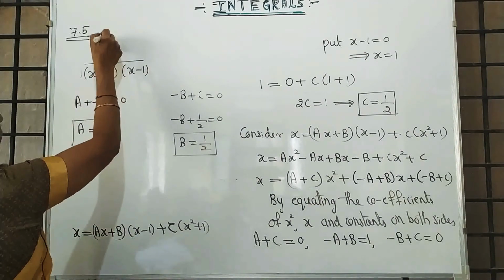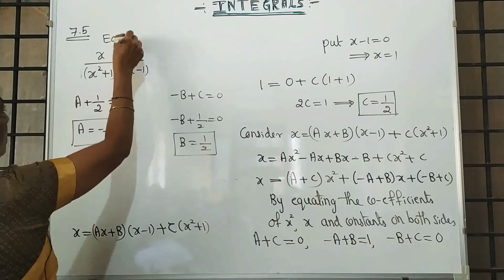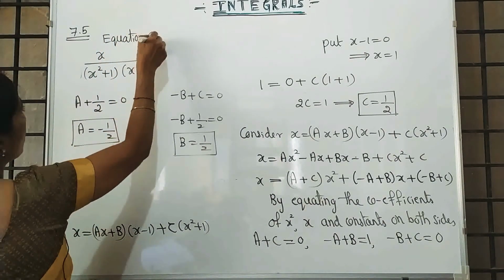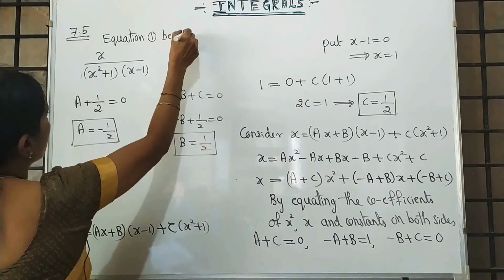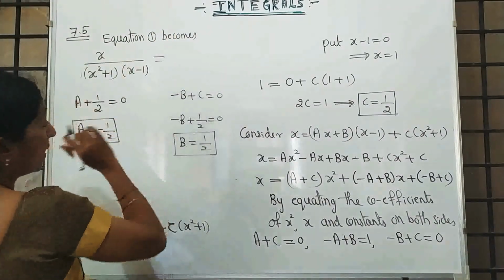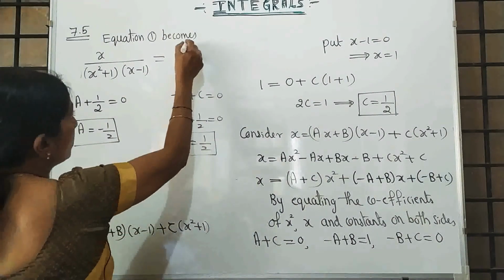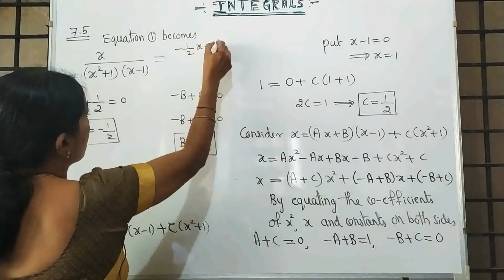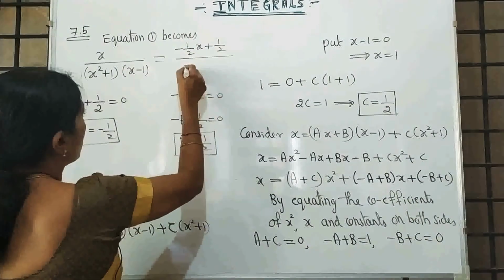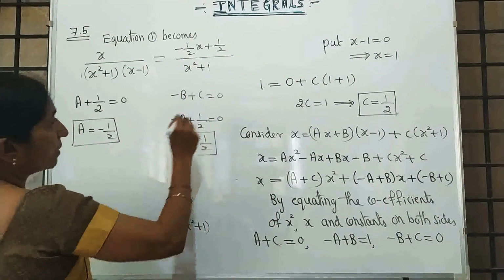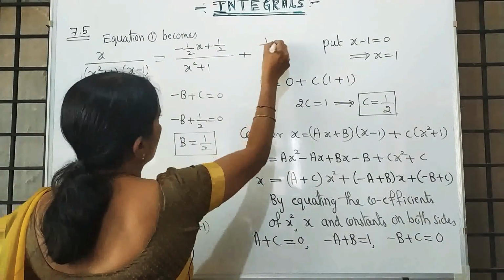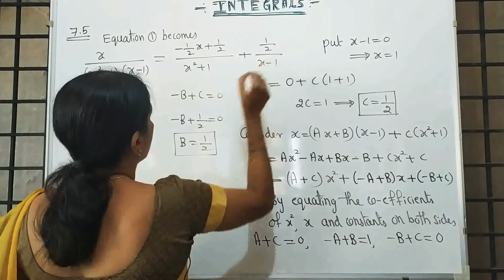Therefore, equation 1 becomes (ax plus b), that is (minus 1 by 2 x plus 1 by 2) upon (x square plus 1), and c is 1 by 2, so plus 1 by 2 into (x minus 1).